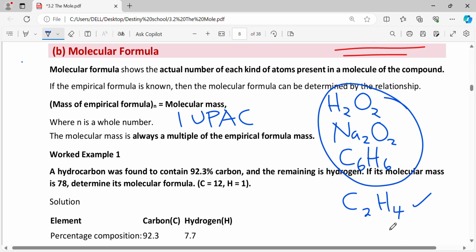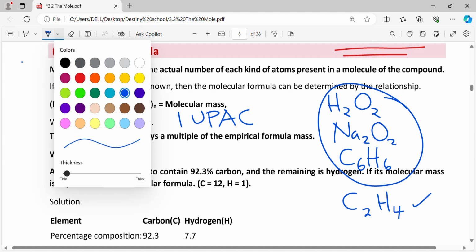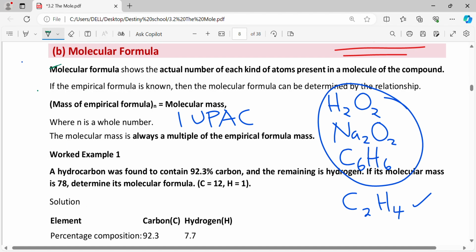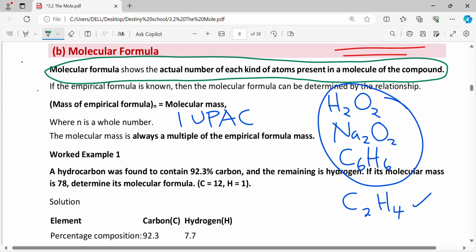For example, you can also have something like C2H4. If you leave your answer that way, it is a molecular formula, because if you wanted the empirical formula, we could divide both sides by 2. But in molecular formula you leave your answer without dividing. So that is now the molecular formula.